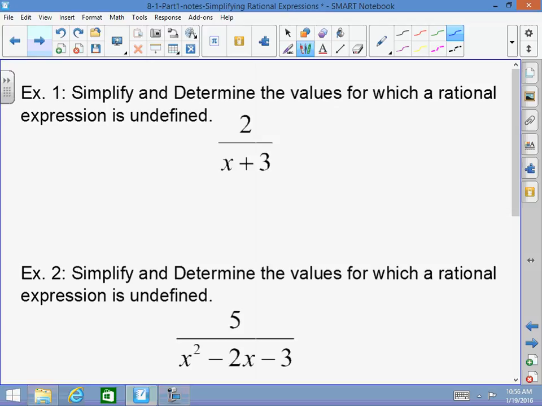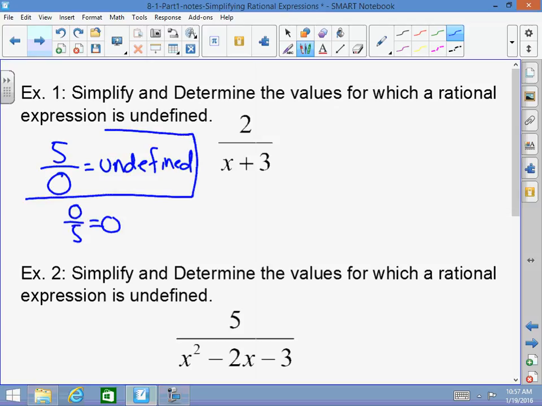If you remember from back in elementary and middle school, when you have 5 over 0, that is called undefined. 0 divided by 5 equals 0. But anything over 0 is undefined. It doesn't exist. It's not real. It cannot happen. Nothing can be divided by 0.